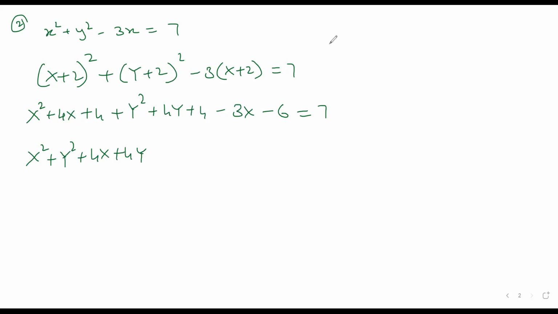This is minus 3X. So this will become X. Plus 8 minus 6 will become 2. Minus 7 is equal to 0. X square plus Y square plus X plus 4Y minus 5 is equal to 0. This is your new equation of the locus.